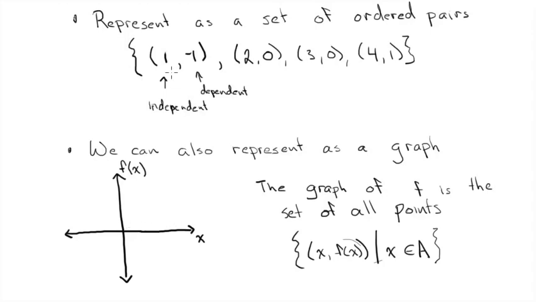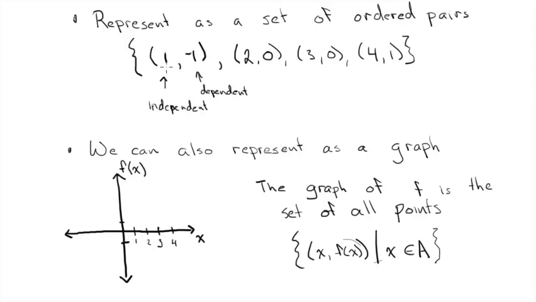So I need to make an appropriate scale for my x axis. My x variables were just 1, 2, 3, 4. So that's all I need. 1, 2, 3, 4. And my y-axis, or my f at x axis, I need 1, 0, and -1.